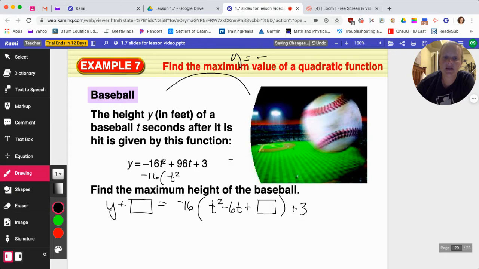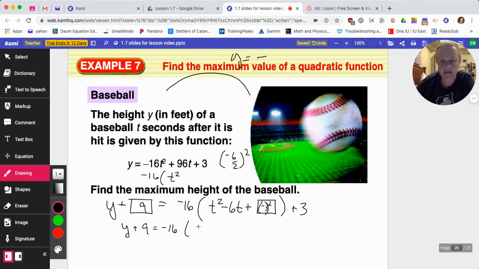So what goes in that box is negative 6 over 2, so (b over 2) quantity squared. So that's negative 3 squared. Negative 3 squared is 9. So I have y plus 9 equals negative 16, and that's a perfect square trinomial now.